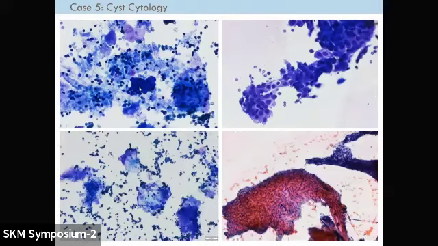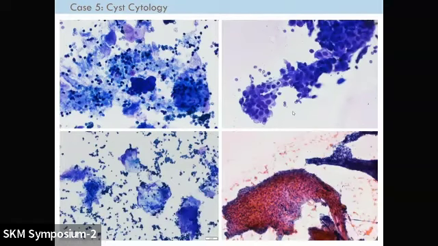This is an epithelial group, which is too dark to give you any morphological characterization of the type of epithelium. Here, we also saw within the debris some crystals that have a square morphology.